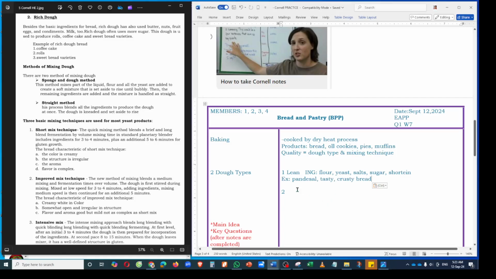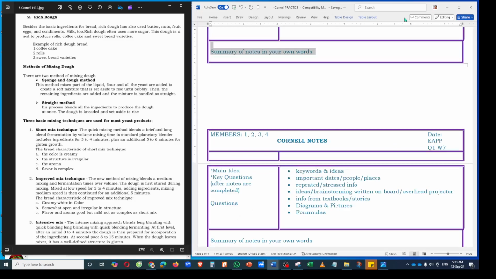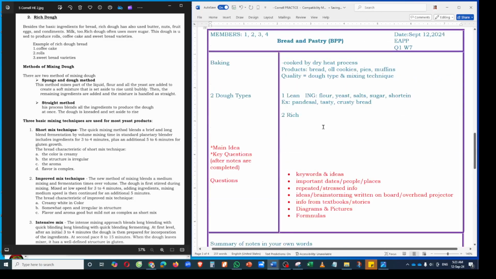So, punta tayo sa next page, sa rich dough. Yun yung number 2 niya. So, susulat mo rich. Ah, rich. So, sa rich dough, meron siyang ingredients na sinabi. So, papantayin mo yung ingredients kasi dapat pareho sila. So, sa ingredients, meron siya sinabi.